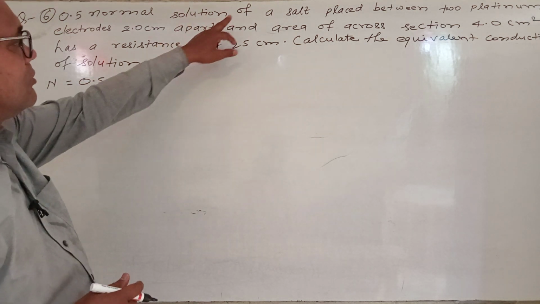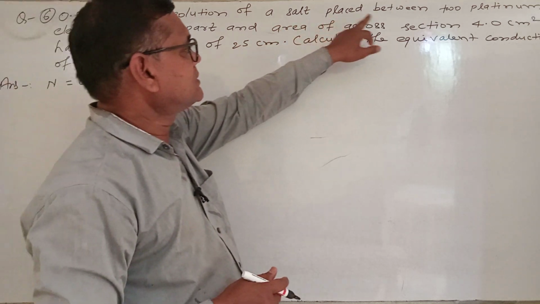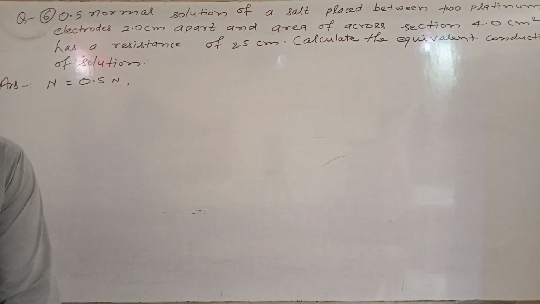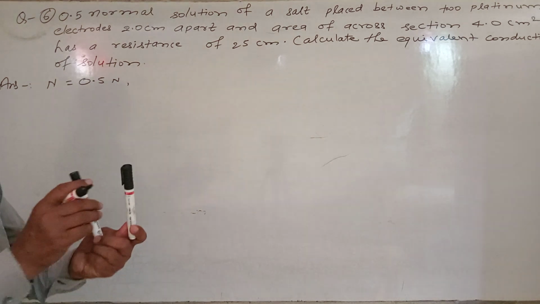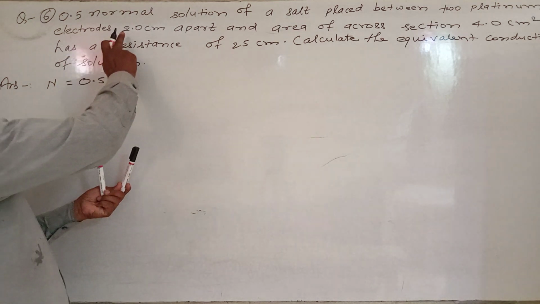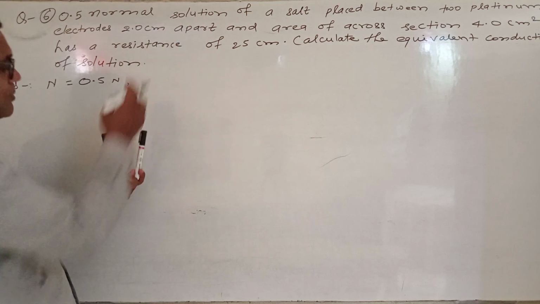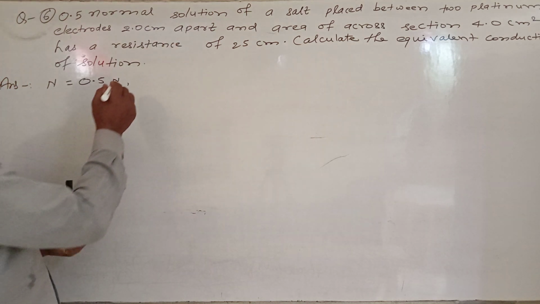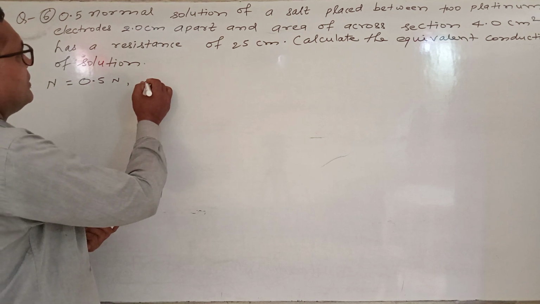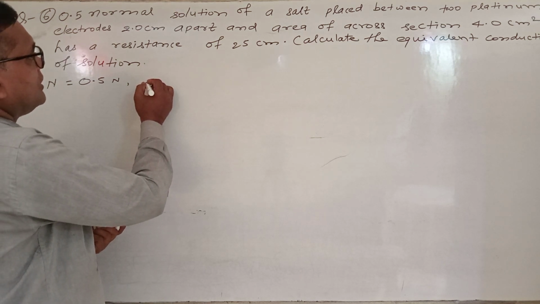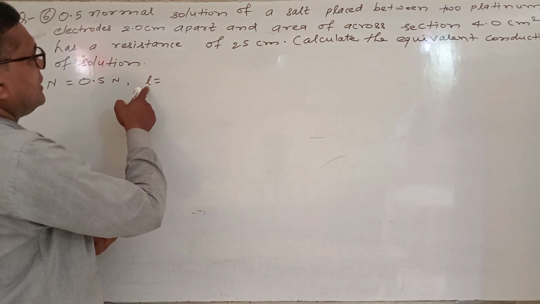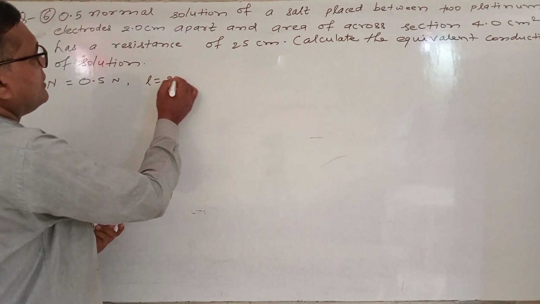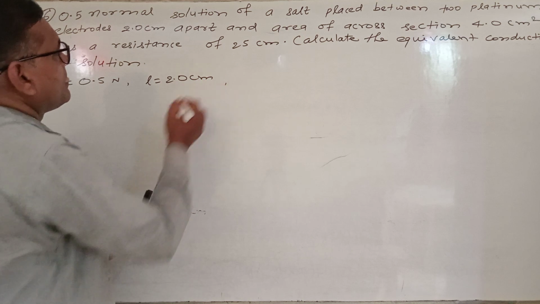Question asks solution of a salt placed between two platinum electrodes 2.0 cm apart. The distance between them is 2 cm. The symbol of distance between two electrodes is L. The value of L in the question is 2.0 cm.